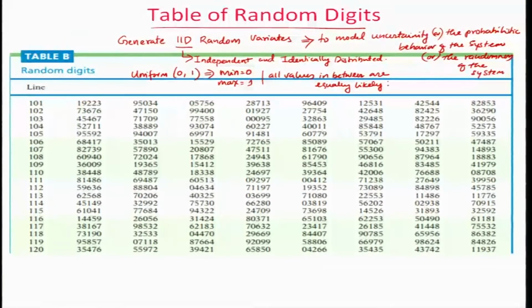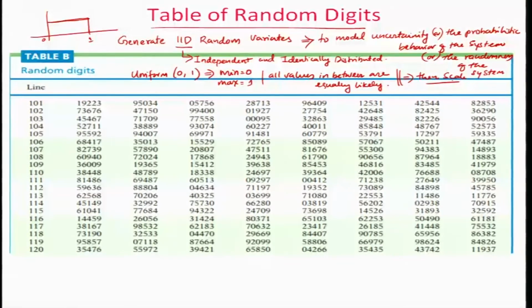If you say this is 0 and this is 1, then the graph will be something like this. Every value in between has the same probability of occurrence. And then scale to whatever you want to do.